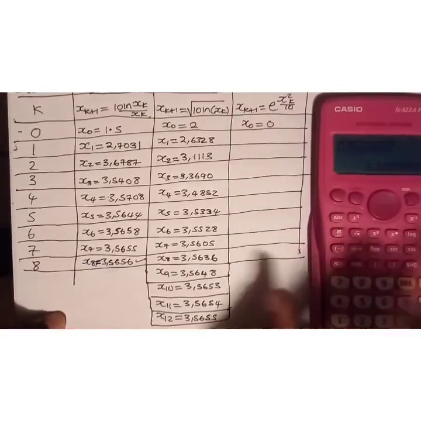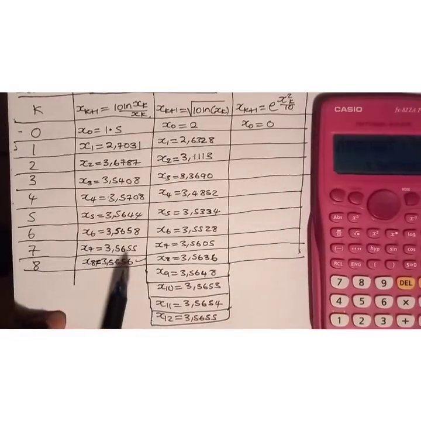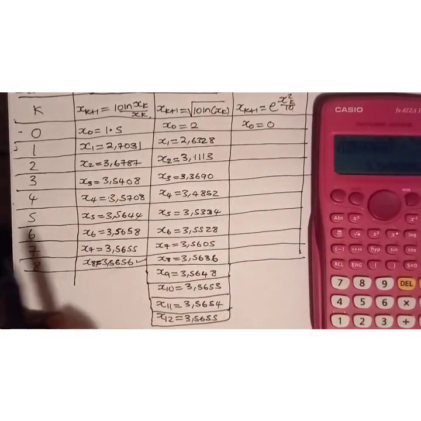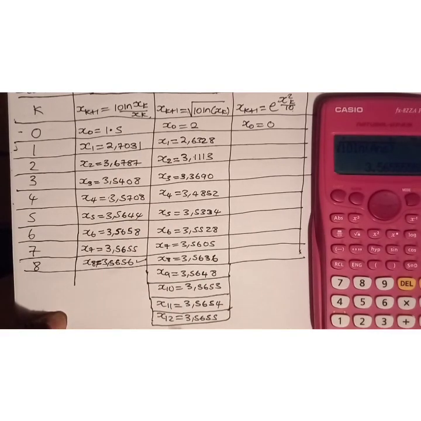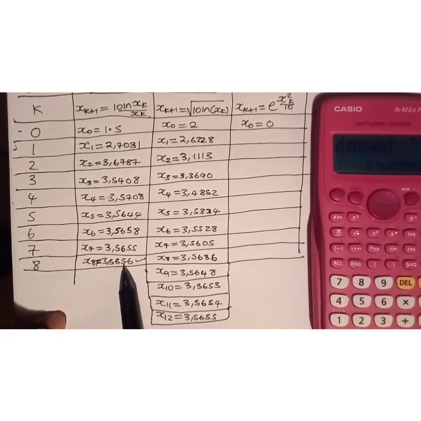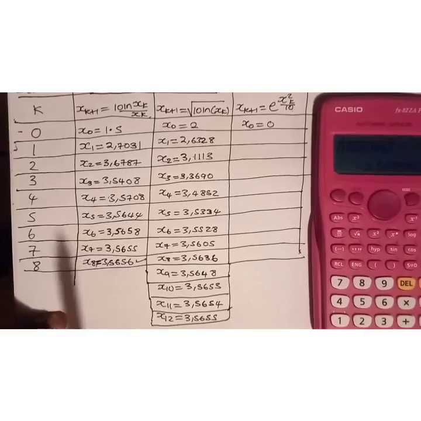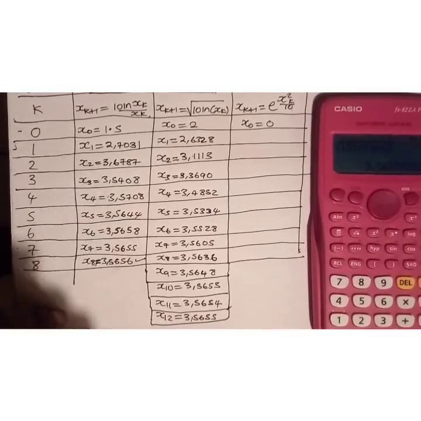So that's how you do it. You understand the way I've shown you, you can partially calculate. For the second one you find your root on the 12th iteration, but for the first one you find it on the 8th iteration. Can you see the iterations are different, but the values are the same.